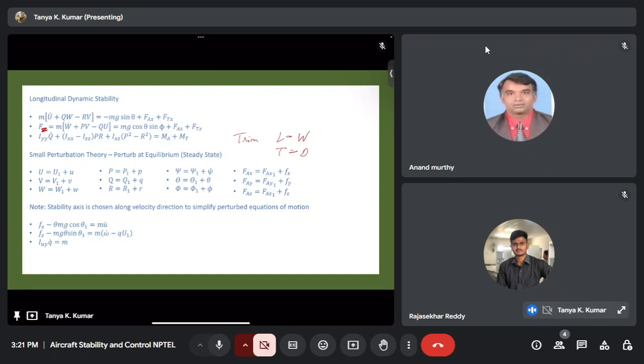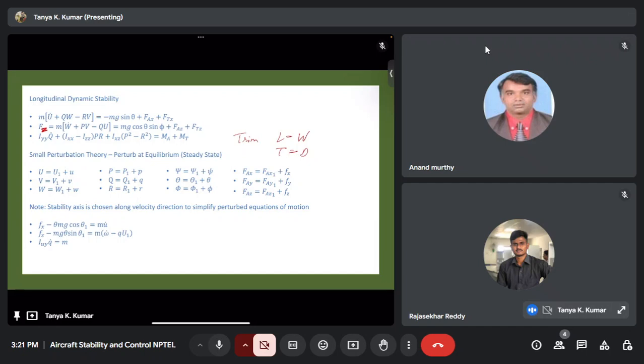So all of these terms with the subscript 1 are the values at equilibrium, and all of the terms with the small alphabet, small u, small v, small w, all of them correspond to the small perturbations that are applied. Now using these equations, using these assumptions, you rewrite the equations, and then to simplify it further, we take the stability axis. This was discussed yesterday.